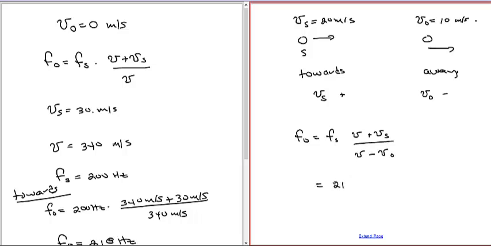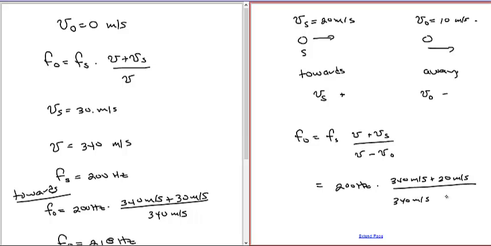So you get 200. We'll say that the frequency of the source is still 200 hertz. So you get 340 meters per second plus 20 meters per second. So it moving this way is wanting to increase the frequency, but the other one moving away is going to kind of compensate for that.